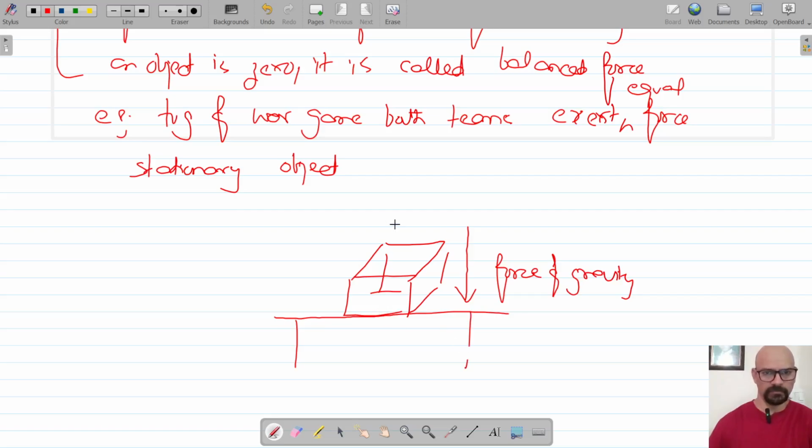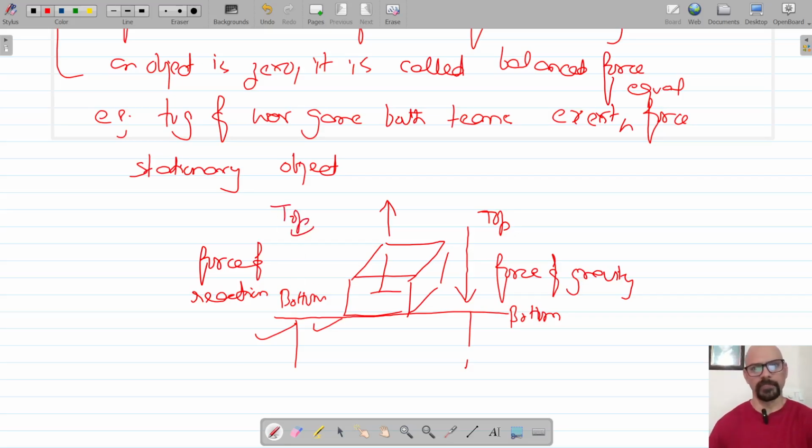Now, in turn, the table, or maybe the ground, exerts an equal and opposite force of reaction from bottom to top.